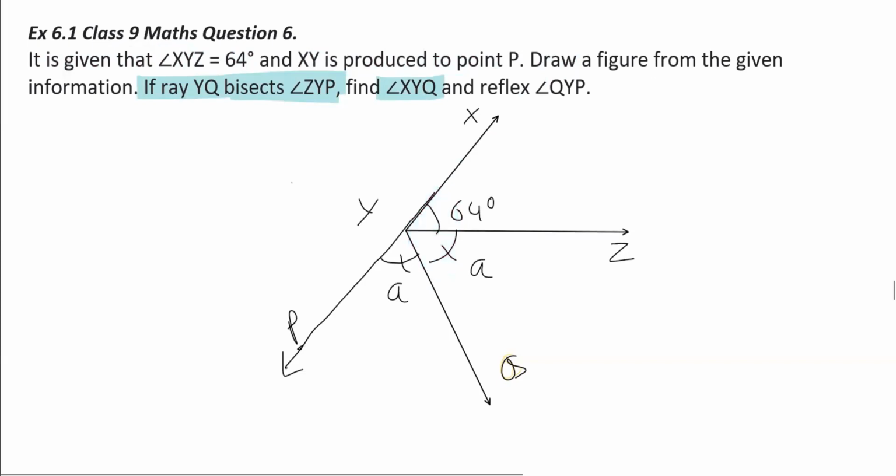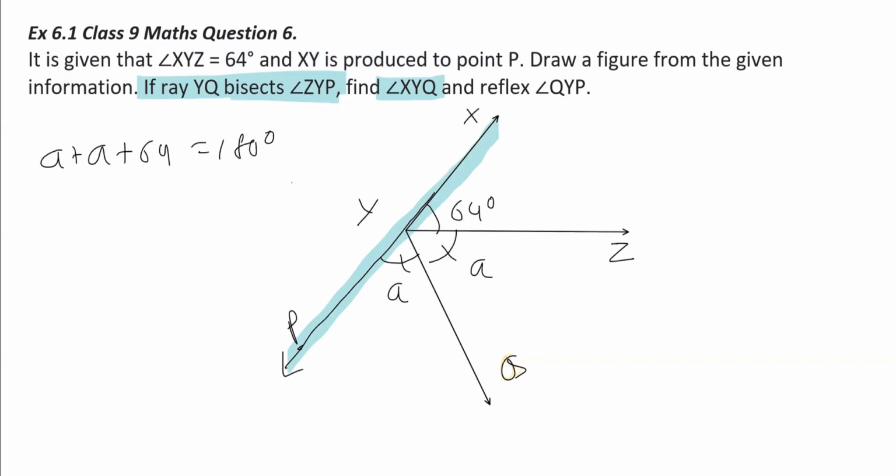Now, when a ray is produced backward, it always forms a straight line. So this is a straight line given, and we can apply linear pair here. From the figure, A plus 64 is equal to 180 degrees. Reason being, PYX is a line.